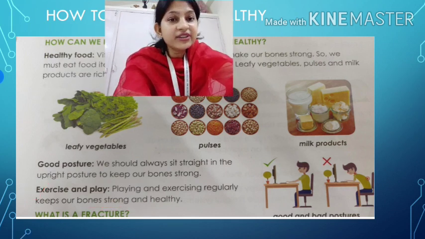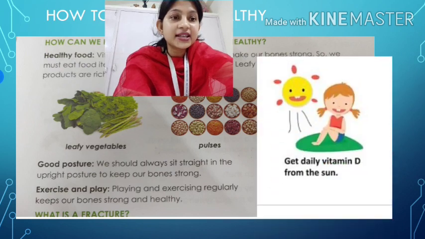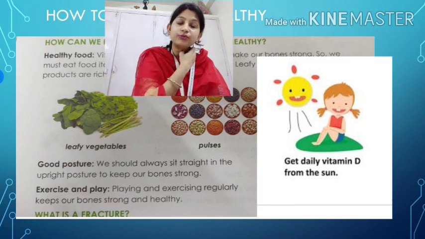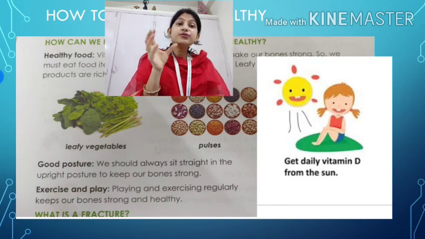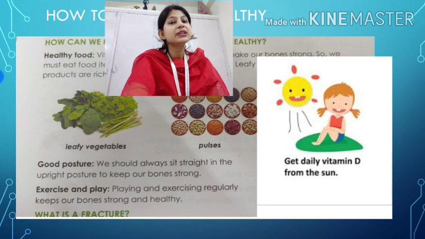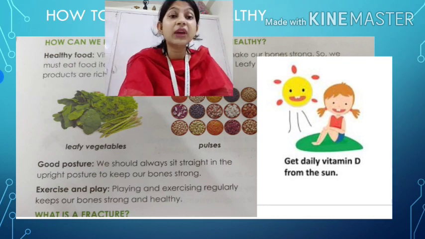One more thing which is not given in your book, that is getting daily vitamin D from the sun. Okay, it is very important for keeping our bones in healthy condition. It is not written in your book, students, but we should daily get a particular dose of vitamin D in our body. If you do not get vitamin D, some other complications of bones may happen.